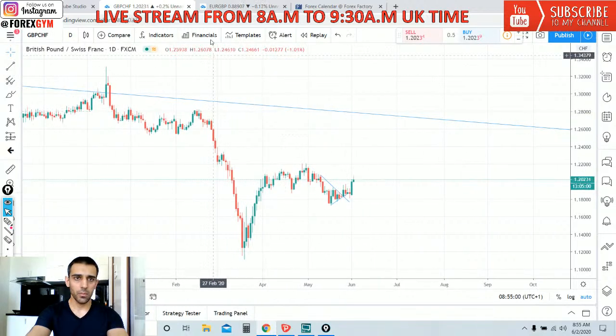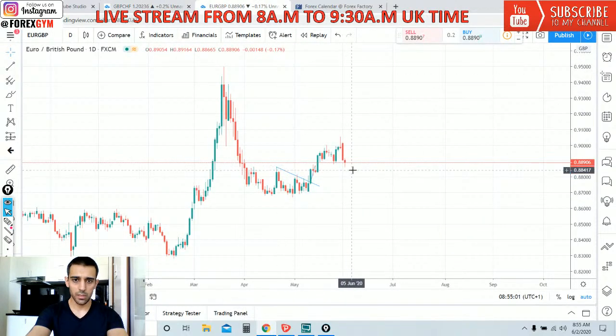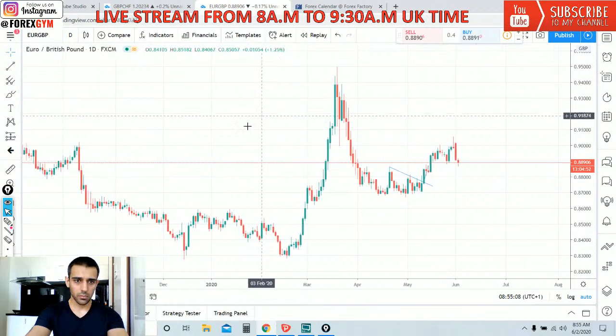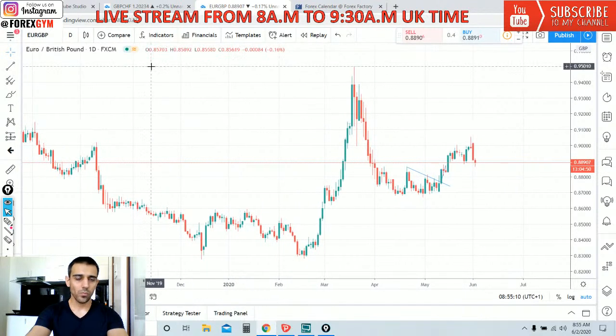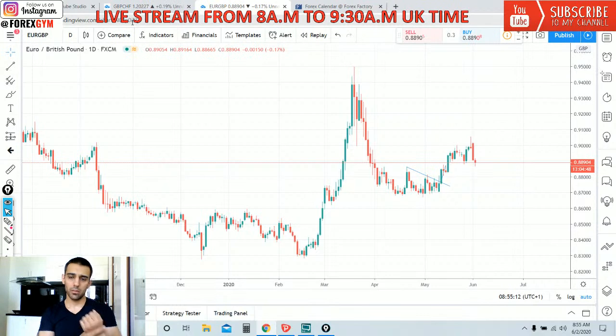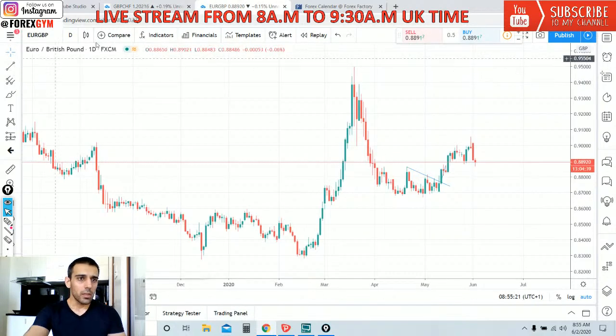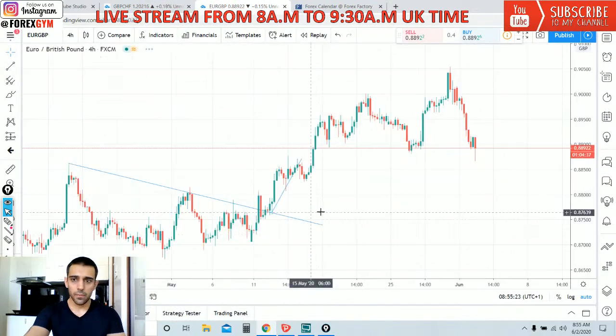Okay, so both of them are on a support and resistance level. Both of them have, yeah, very similar. Let's go to 4-hour time frame.